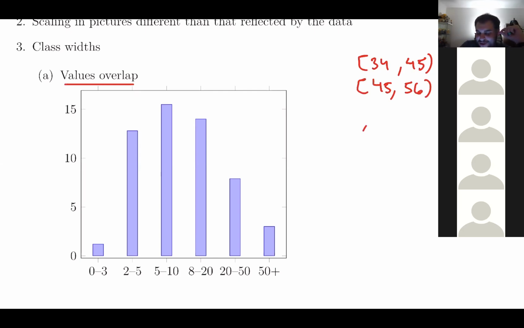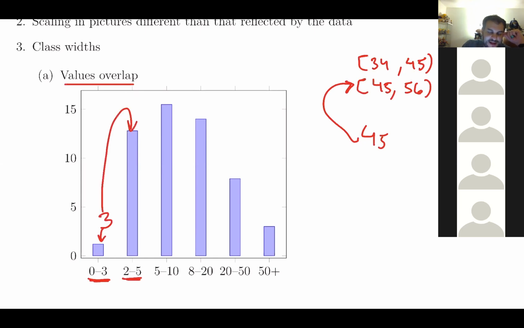If we had like 40, we know exactly it should go in this row. But if you look at this one saying 0 to 3, and this one saying 2 to 5, so if you have a 3, it's going to go into this row, but it's also going to go into this row, which is what happens when you have values that overlap.